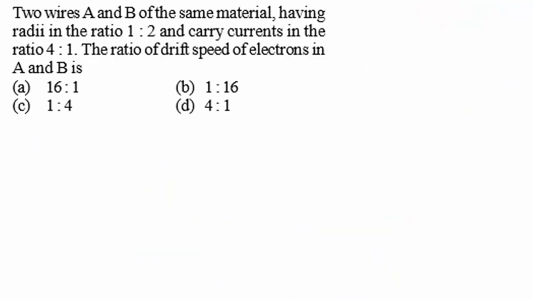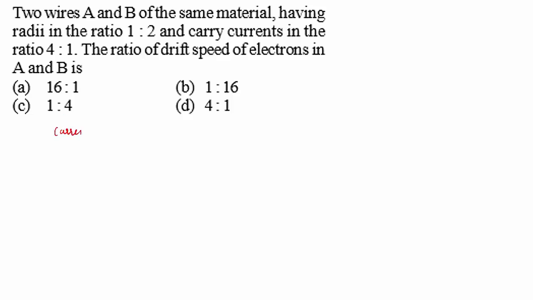Two wires A and B of the same material having radii in the ratio 1:2 and carry current in the ratio 4:1. The ratio of drift speed of electrons in A and B is? We know the current flowing through the conductor in terms of drift velocity. We already studied this in our regular classes.